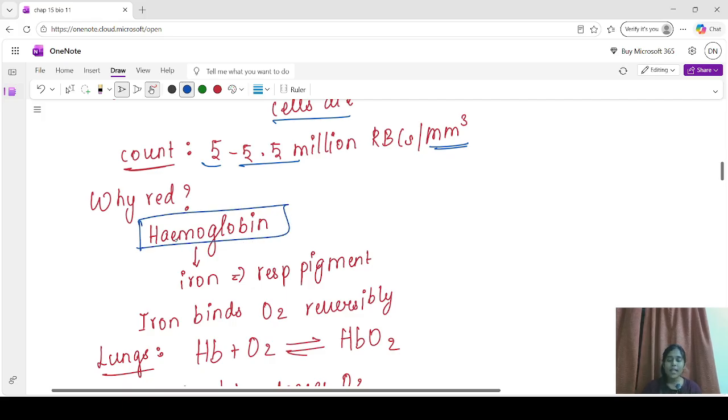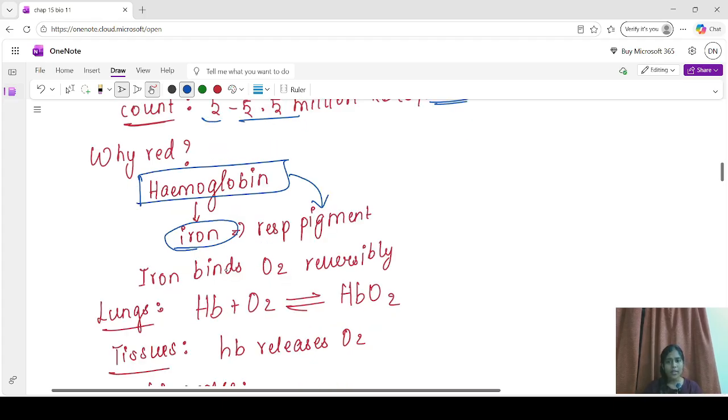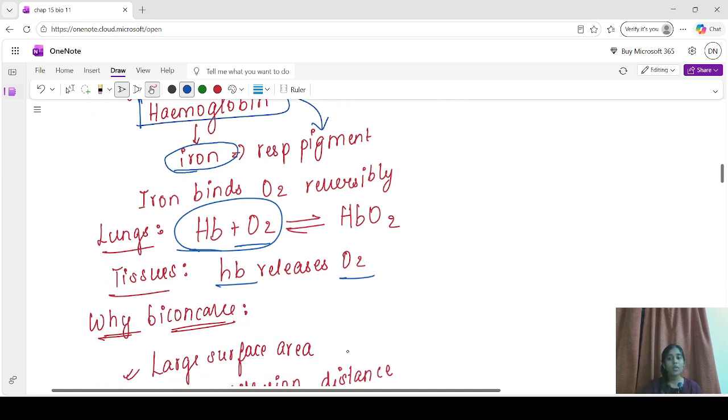And we have already seen that hemoglobin is nothing but the respiratory pigment, and it is red in color, and along with that it has iron. Iron binds with oxygen reversibly in lungs. Hemoglobin along with oxygen binds, and in tissues hemoglobin releases the oxygen. So this reversible binding allows efficient transport.